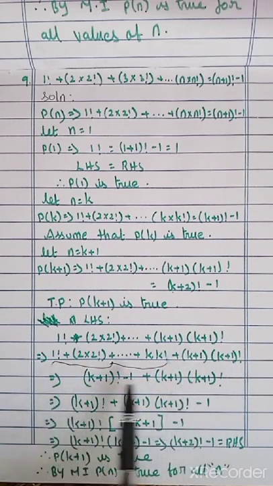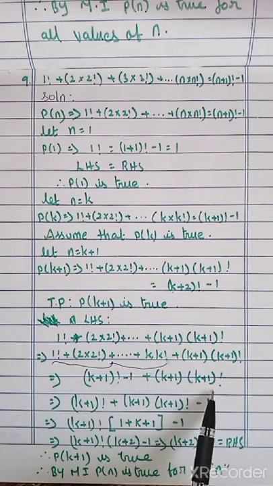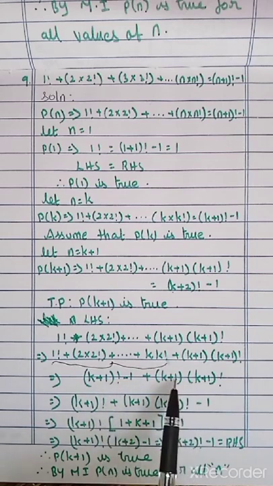Now taking this minus 1 to the front, we get (k plus 1) factorial plus this whole term, (k plus 1) into (k plus 1) factorial, minus 1. Now in the first two terms, (k plus 1) factorial is common. So if I take it common, we will get 1 plus k plus 1, which is k plus 2. So (k plus 1) factorial into (k plus 2), minus 1. Correct?